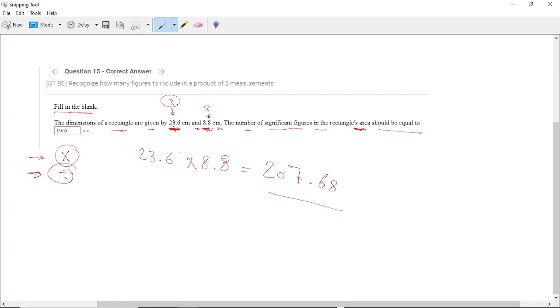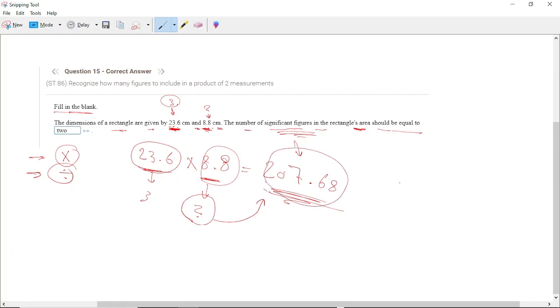Now, to get the significant figures of this number, we will see these numbers. How many significant figures do we have here? It is 3, and here it's 2. So for this multiplication, we will take the least significant figures, which is 2, and we will apply it to this number.